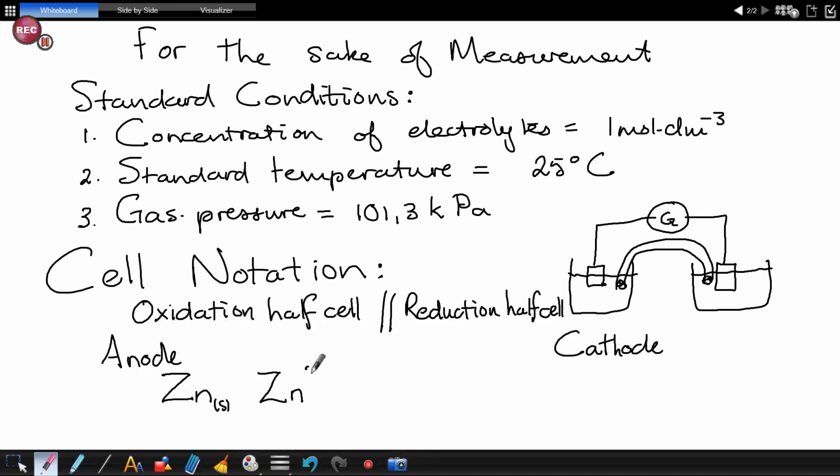It is touching the zinc 2 plus ions in the sulfate solution. Between the solid and the solution, you put a slash. Between the oxidation half cell and the reduction half cell, you put a double slash. You could say that's representing the salt bridge.